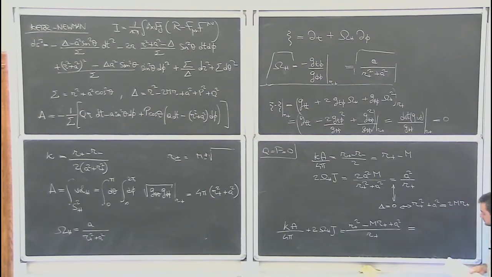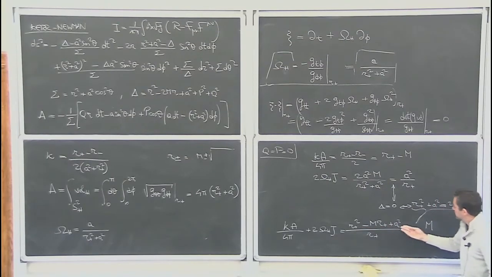And what is this? Just use this. Yes, it's the mass. You just replace this, and you find m. And we have verified the Smarr relation. Not surprising, it had to work, but it's nice to verify this in detail.